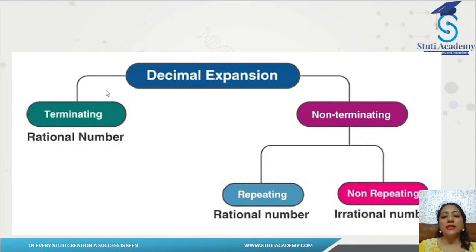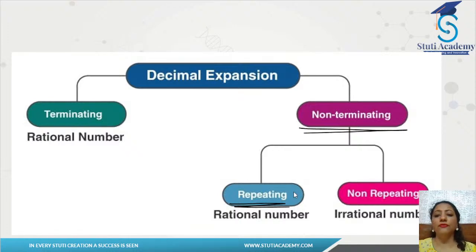If the decimal expansion is non-terminating, it is not ending, but it is repeating. After some time, the digits are repeating themselves, then also it is a rational number. Non-terminating means it's going on forever.